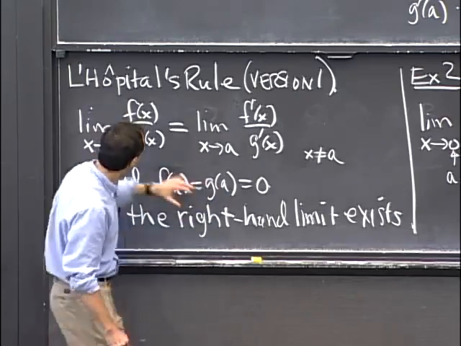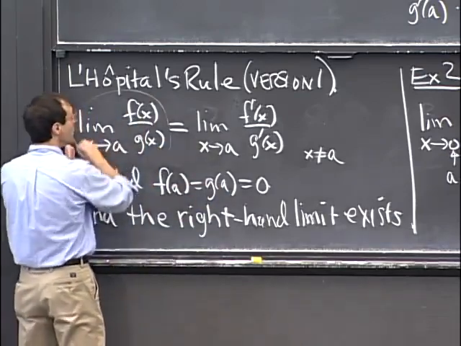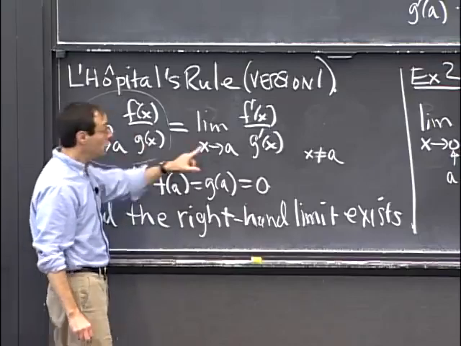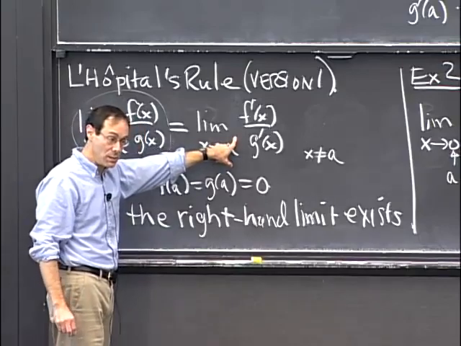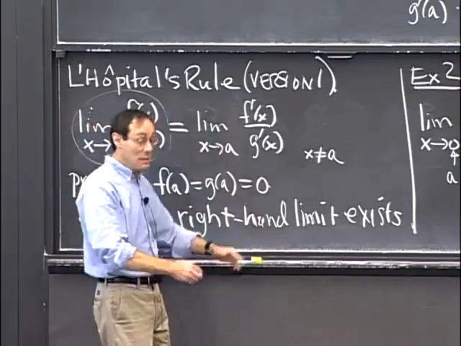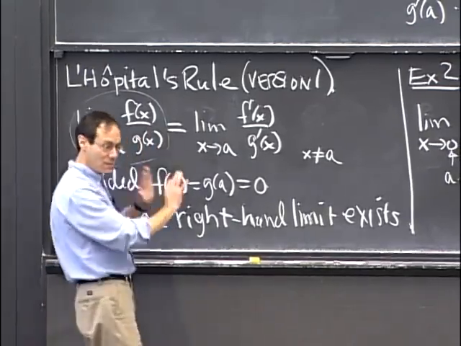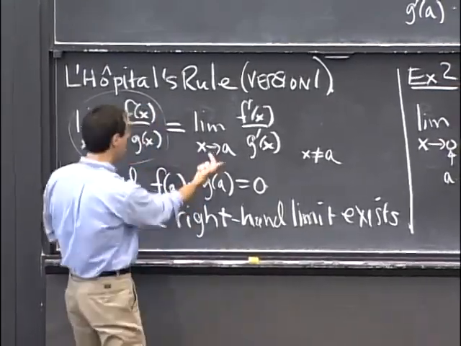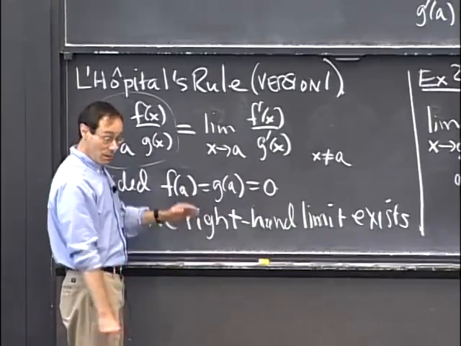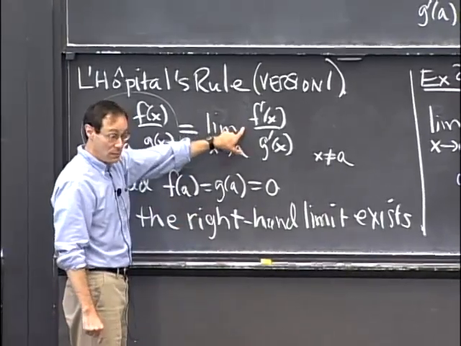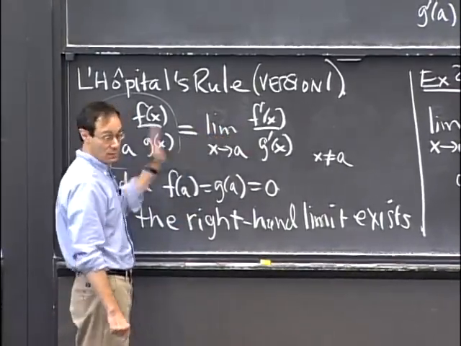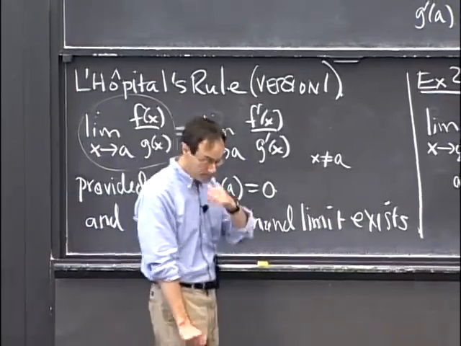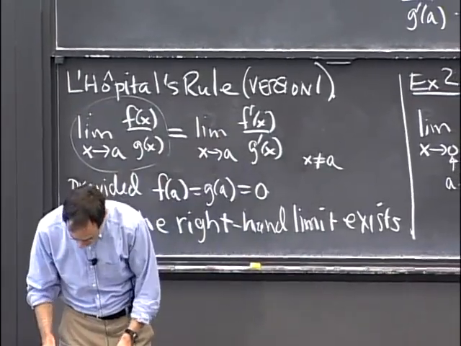But what I'm emphasizing is that you don't need to know in advance that this one exists. You do need to know in advance that that one exists. Essentially, yes, that's the direction that it goes. You can't get away with not having this exist and still have the statement be true.